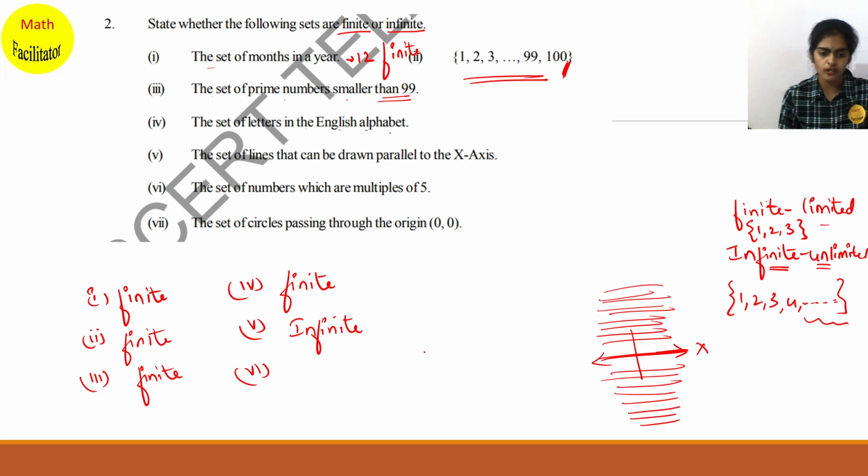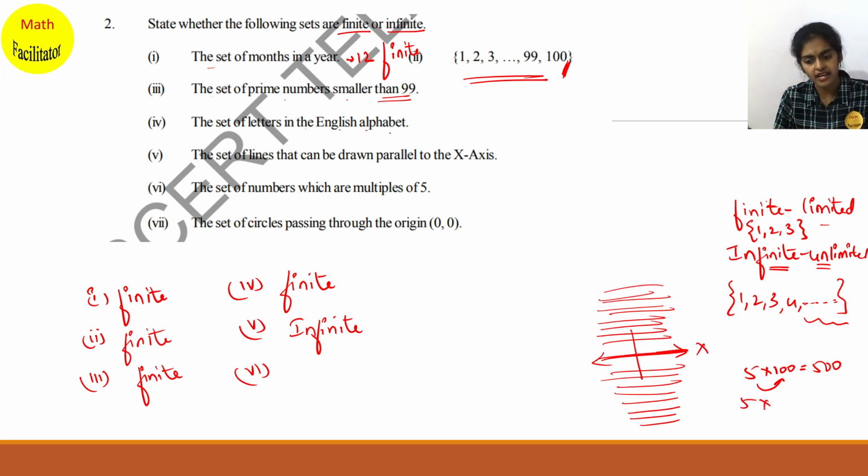The set of numbers which are multiples of 5. You already know that numbers are infinite, and multiples are also infinite. In my class 6, I have discussed this concept very clearly. Factors are limited. Whenever you find factors of a number, they are limited. Whenever you're finding multiples of a number, it is unlimited. For example, I can find 5 into 100, which is a multiple of 5.